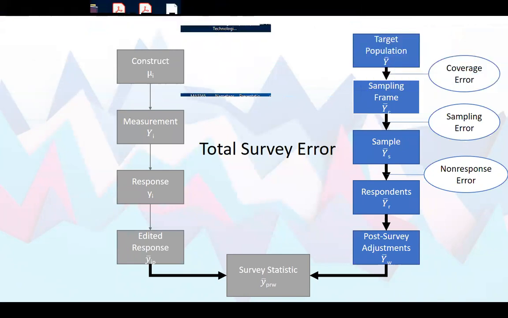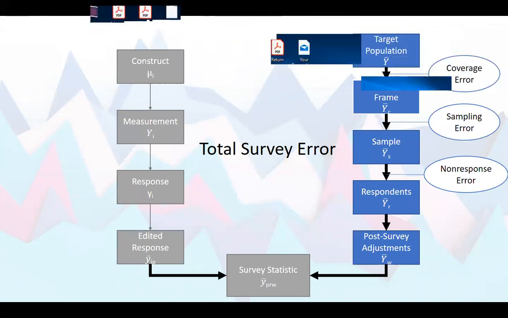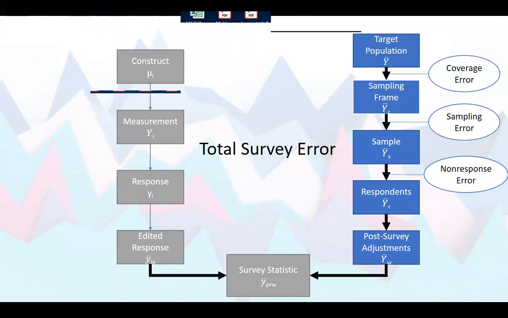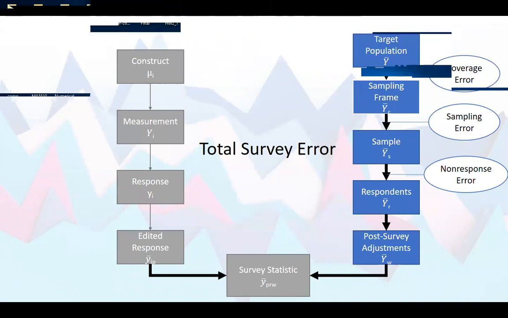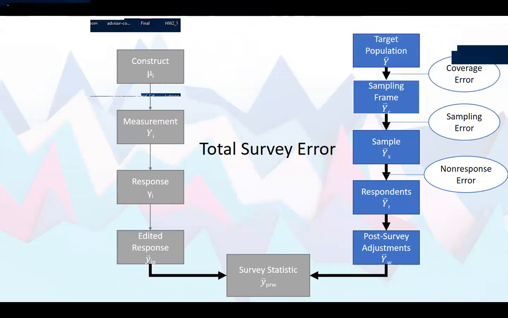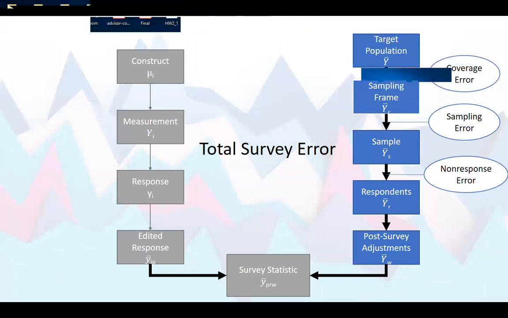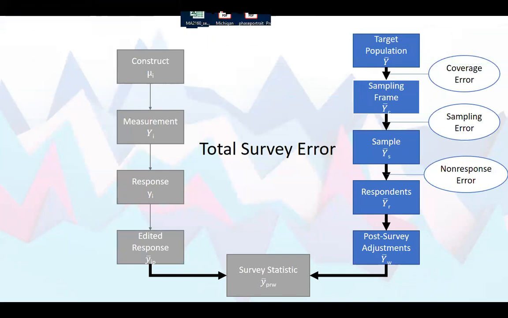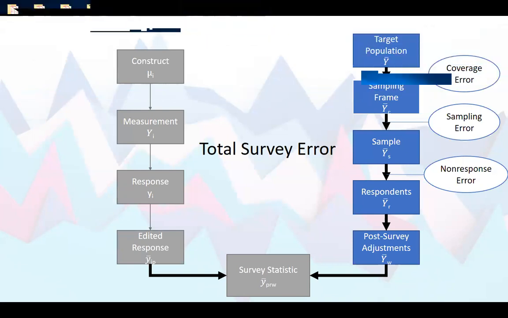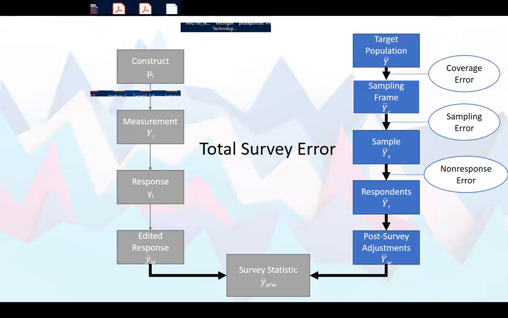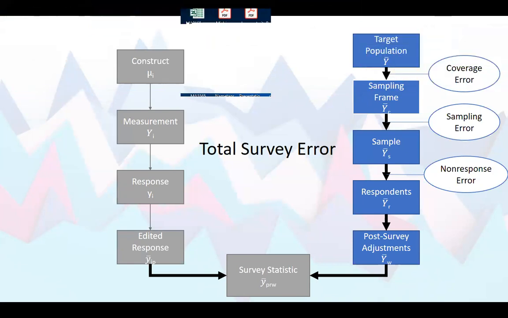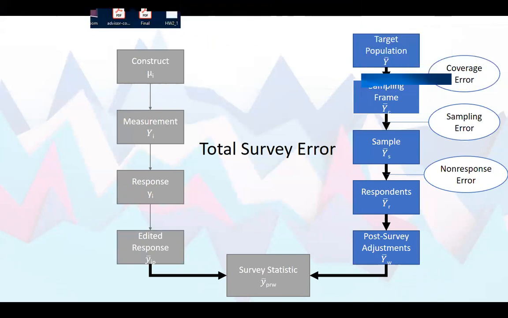And a little twist to the things that you can try to do to maybe minimize some of the problems that would have crept in here. Oftentimes you'll find that even though you've gotten respondents into your survey, they don't answer all your questions. They'll answer some of your questions, but they won't answer all of your questions. So some of the post-survey adjustment techniques would also involve more complicated things like imputation, where you're trying to impute what the missing value would be based on the answers that they provided to the rest of your questions.